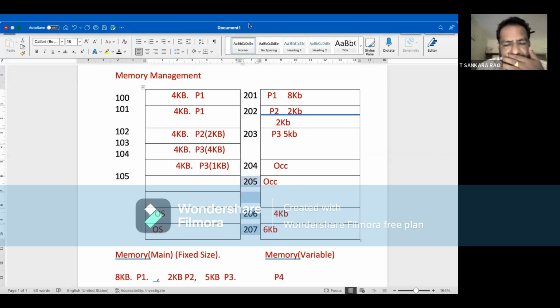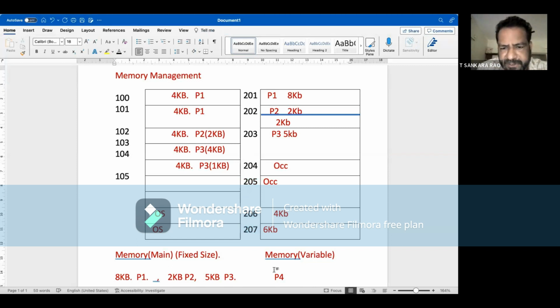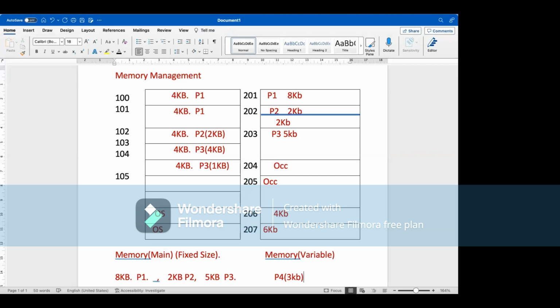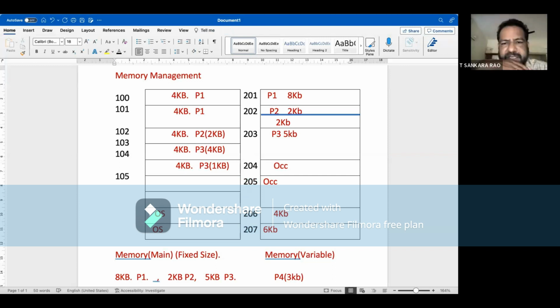So a new process P4 came, of size 3 KB. At which address can it be placed? Anyone? 206, sir.